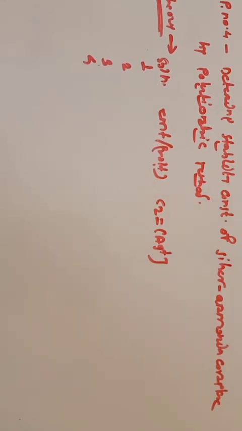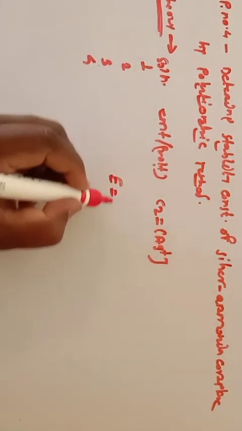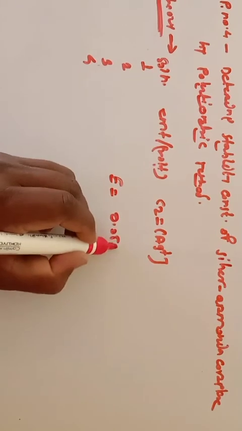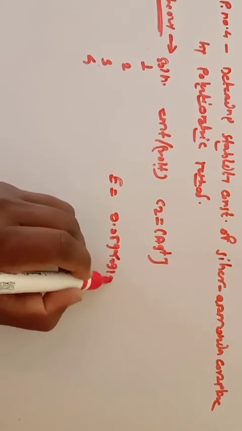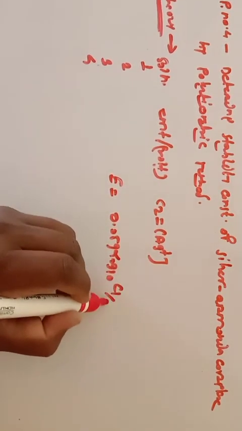Whatever the concentration of silver nitrate, it is the concentration of silver ions in AgNO3, therefore it is 0.001, and we consider it as C1. And whatever the concentration of free silver ion, it is considered as C2. C1 is known, but you have to find out C2 with the help of the equation we already discussed, that is E equals 0.059 log10 of C1 by C2.